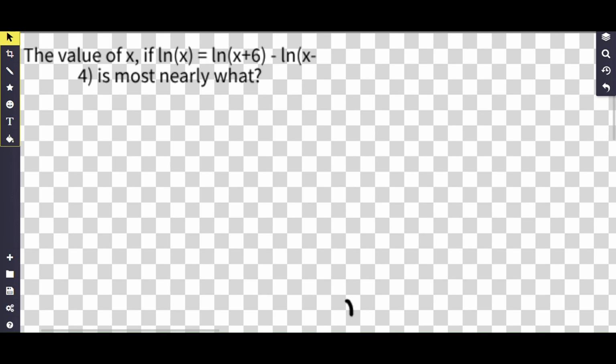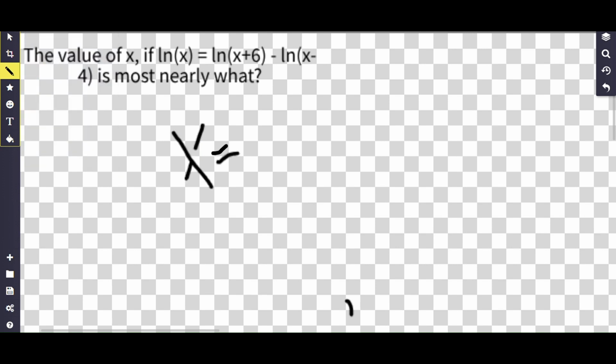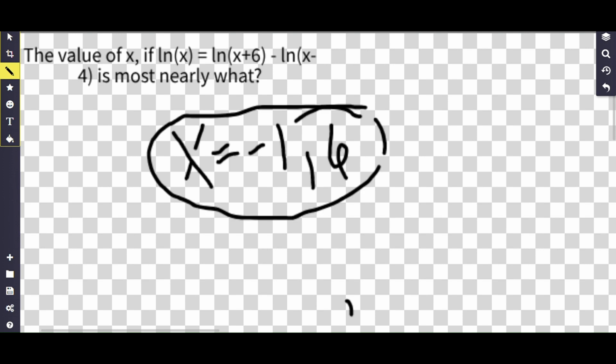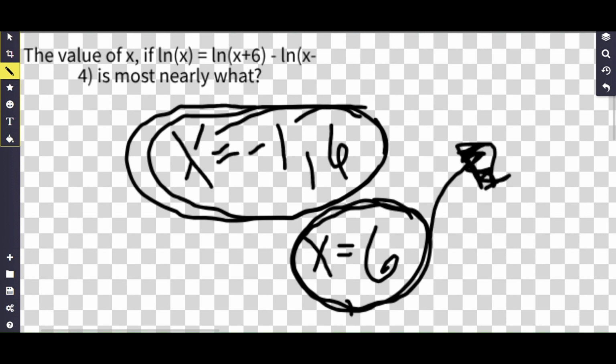It all depends on what the question is asking, but for us, we'll accept that x equals negative 1 and 6. That is technically the answer, but the better answer is to say that x equals 6. It's all about what they are asking and how specific they want you to get. For our purposes, this answer is fine, but this answer here is more specific based off of testing and whatnot. Hopefully that helped to answer your question.